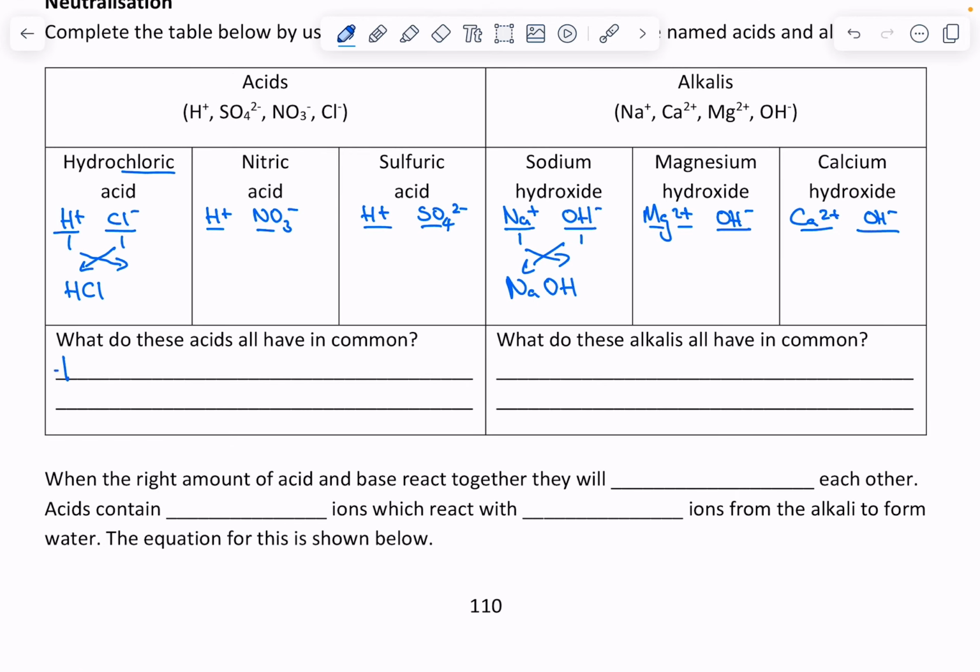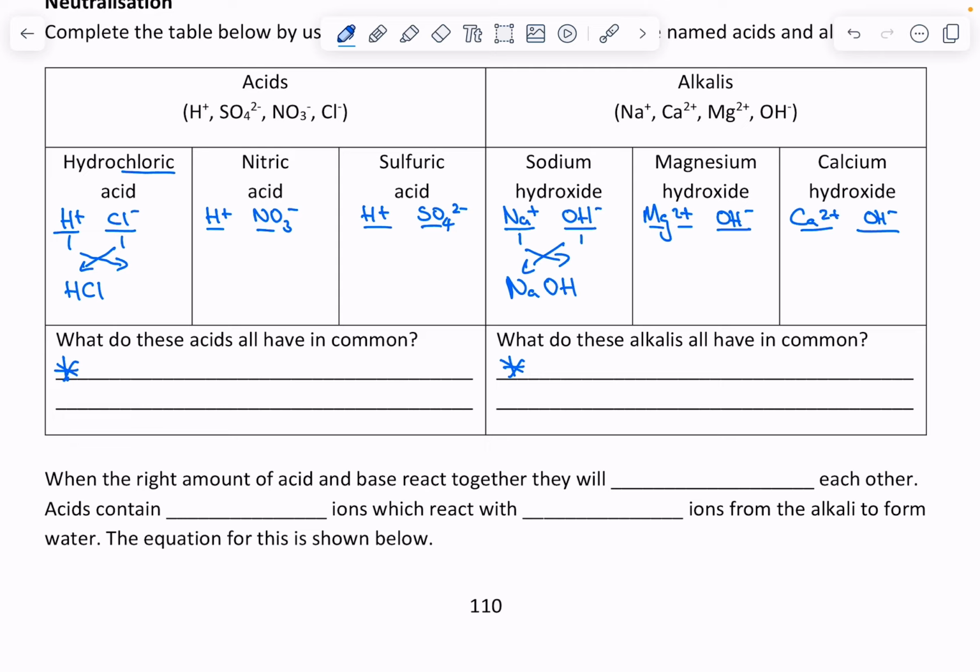And you should then be able to say, what do all the acids and then all the alkalis have in common? So once you've done that, this would be a good point maybe to pause the video and let you do that. And then when you're ready to start looking at the next section, we will go through that as well.